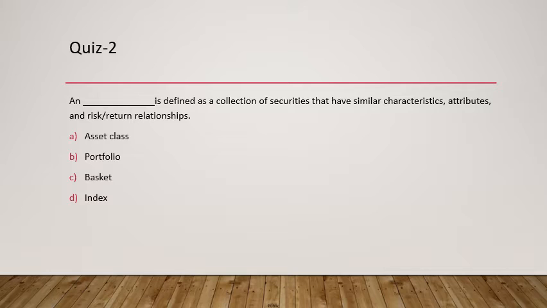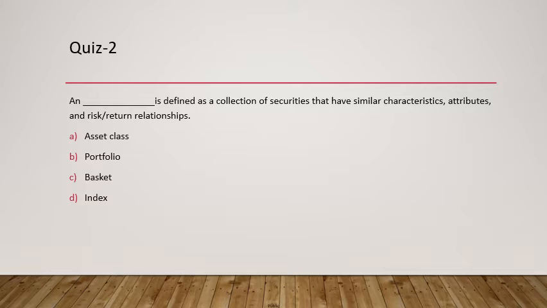When we talk about asset class, we may have equity as an asset class, and there could be multiple securities within equity, such as common equity, preference shares, warrants, etc. Similarly, when we call fixed income securities an asset class, we may have different variants of bond within that. So, asset class is a collection of securities that have similar characteristics, attributes, and risk return relationship.